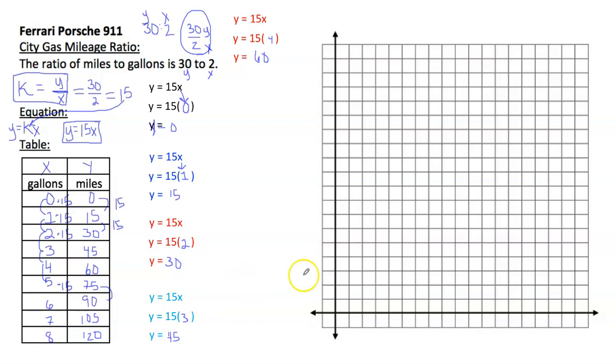From here, we're going to create our graph. So I'm going to start by labeling x, and then I'll label y. And then from here, what I could do is label my x-axis with 0 through 8. This would be 0, then I could go 1, 2, 3, 4, 5, 6, 7, 8.